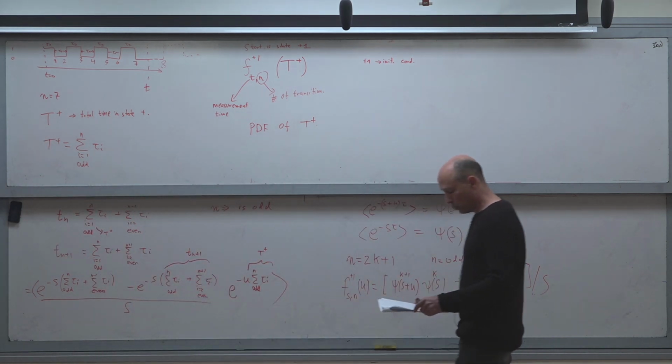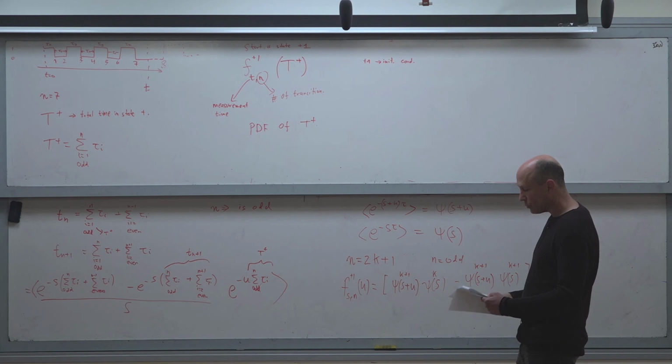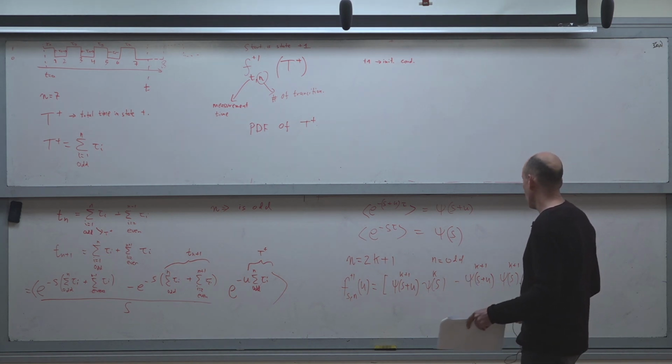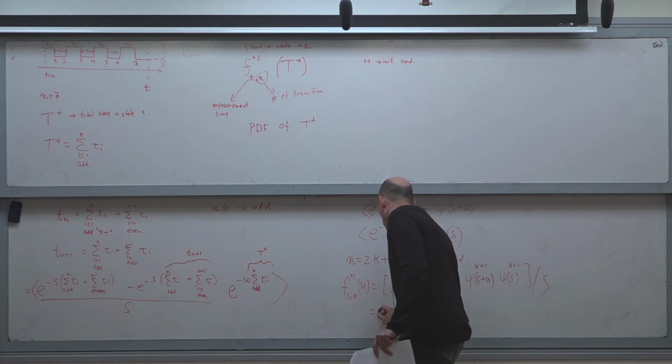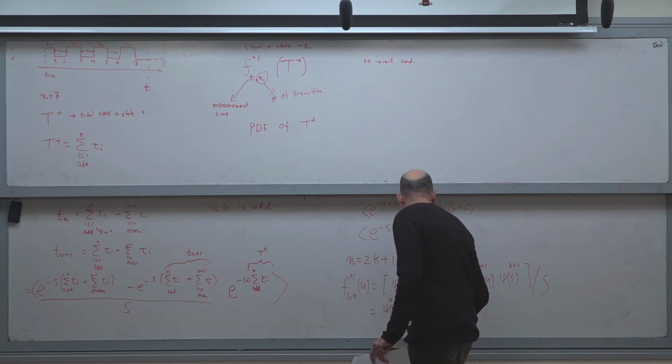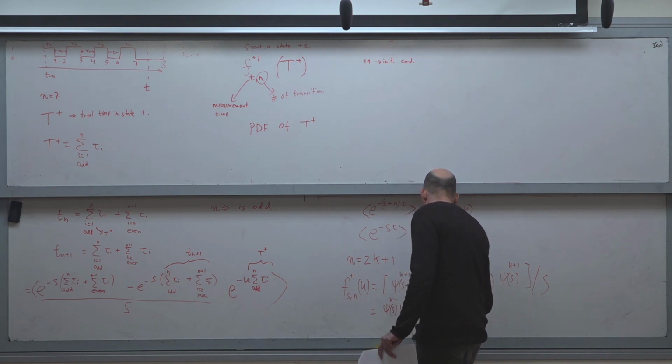If you do that correctly, of course, this can be simplified. This is psi(s) to the power k, psi(s+u) to the power k. This is k plus 1. And this is equal to 1 minus psi(s) over s.